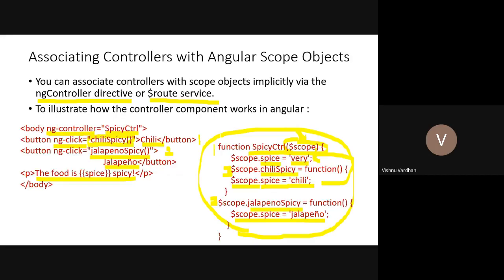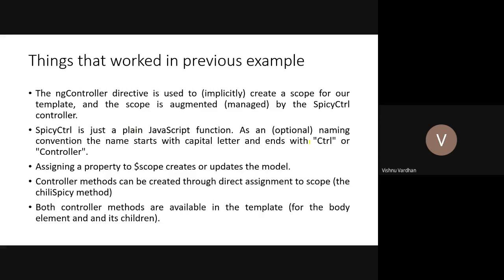So the name starts with a capital letter like this, and as a notation we can keep the CTRL so that we can easily recognize that it is a controller. So we can keep this notation, having the name of the function and finally ending with controller. Then assigning a property to scope creates or updates the model.